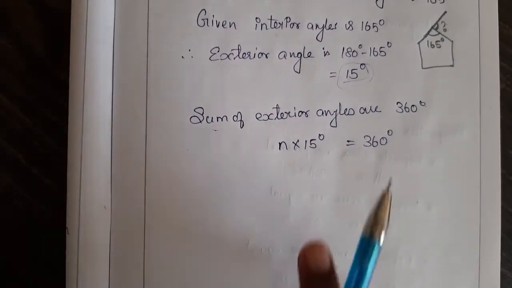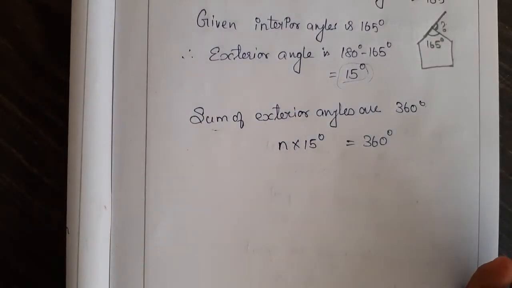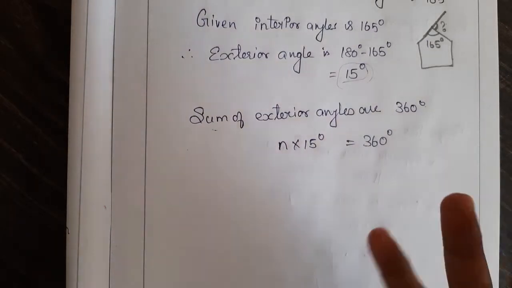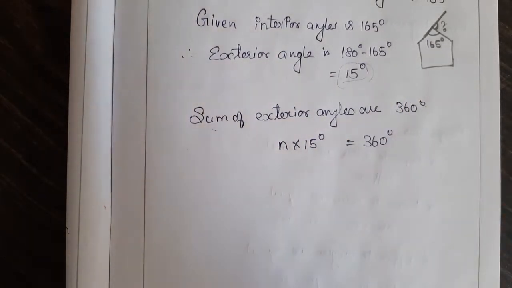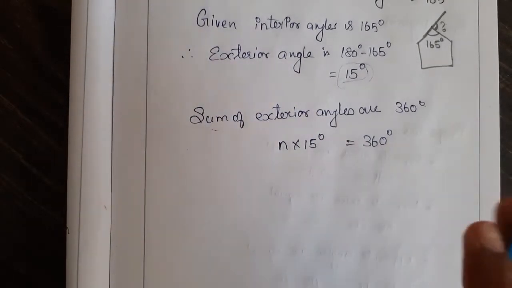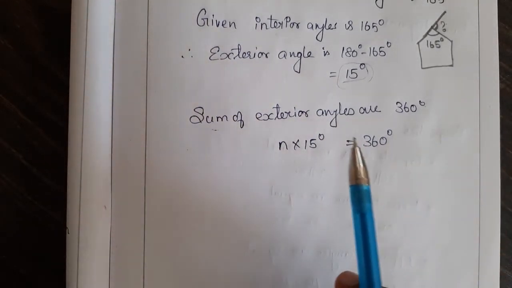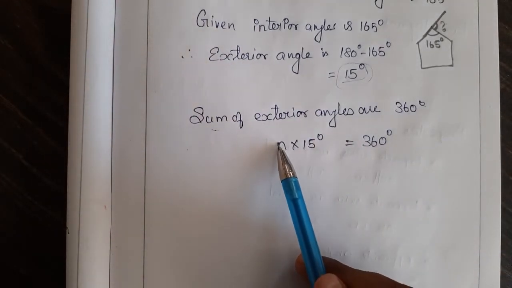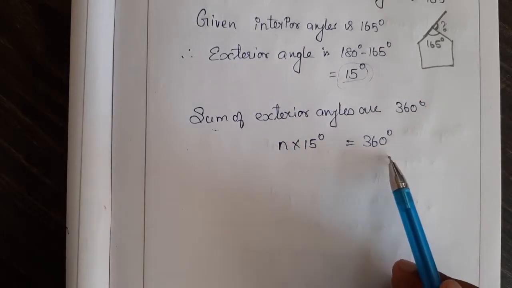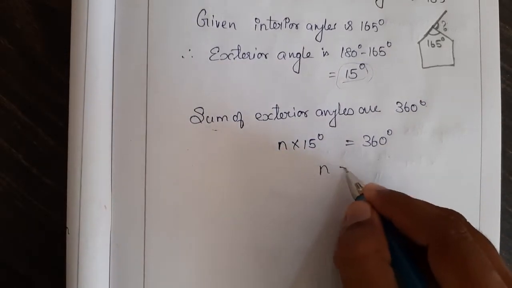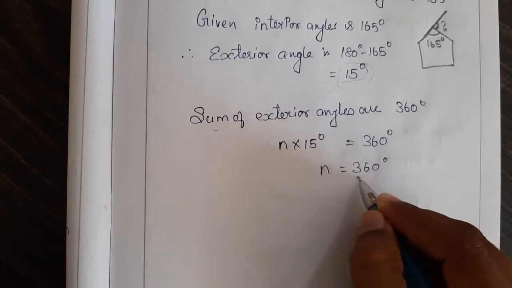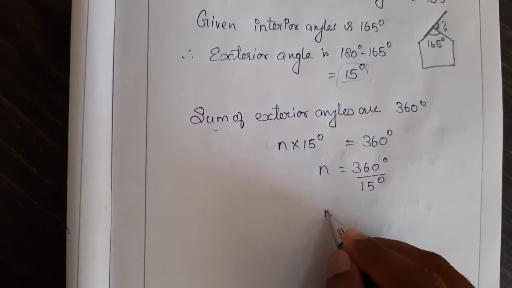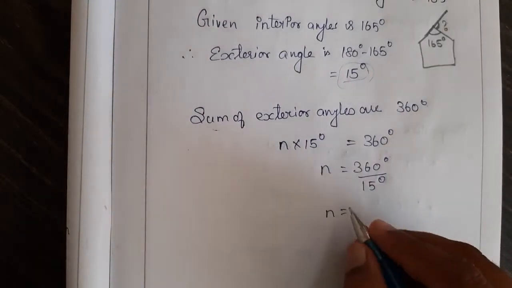Considering n is the number of sides or number of angles, both are the same. The number of sides and the number of angles are the same for any polygon. So n into 15 degrees should be 360 degrees according to the condition. So n is equal to 360 divided by 15, so n is equal to 24.